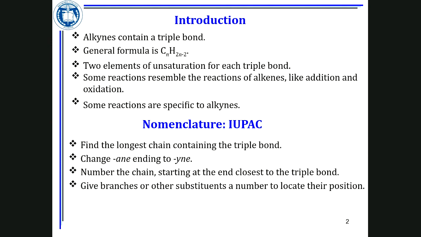Functional group for alkyne is CC triple bond. So what else do you expect to learn from alkyne? Can you tell me what else you need to know about alkyne? First is functional group, is a CC triple bond. And knowing the hybridization, which is the sp hybrid. What else do you need to know?